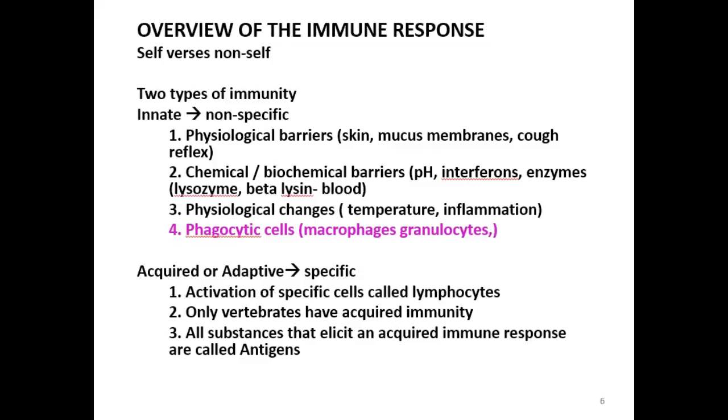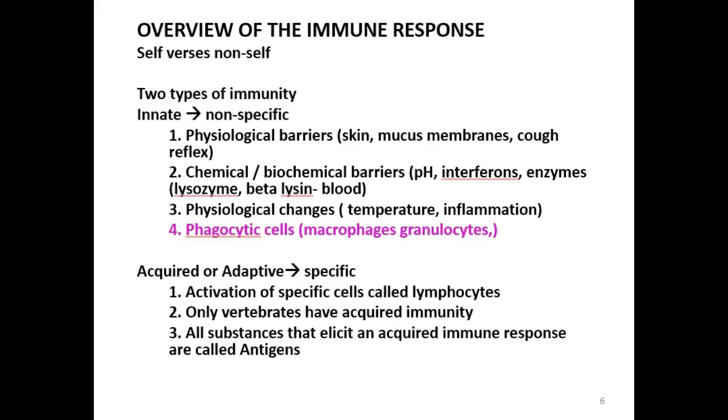So one way to think about immunity is that your body is always checking to see that you are you, and that things that don't belong in you are not tolerated. As we said before, there are two types of immunity. There's the innate and the acquired, or adaptive. The word innate refers to something you're born with. Innate immunity refers to things that are always present and active on short notice.